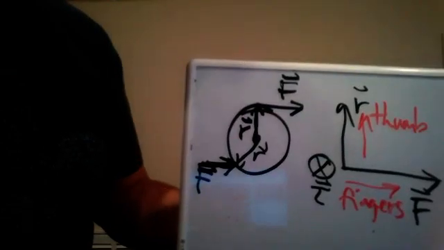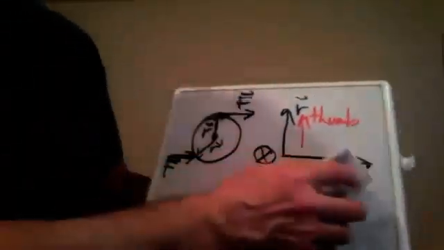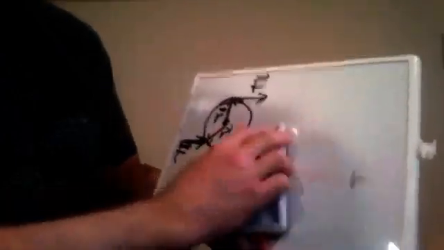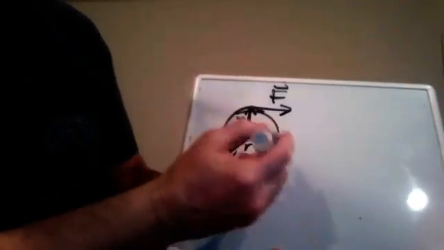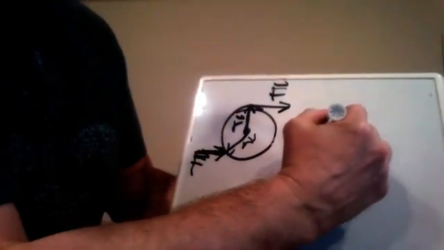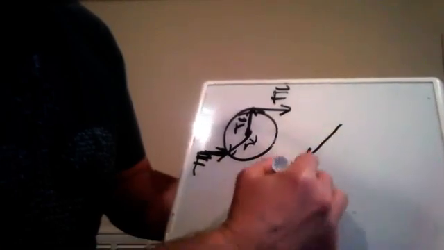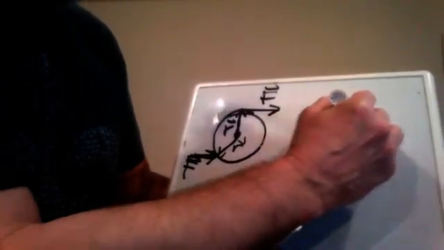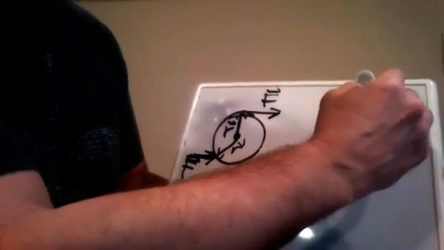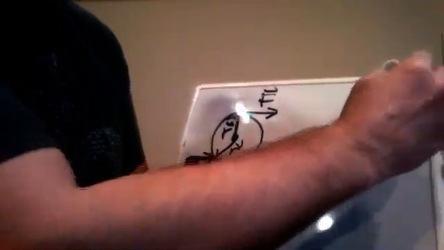So again, I want to start by redrawing those two vectors if I'm going to calculate out the torque. So R points down this way. There's R. F still points horizontally to the right.